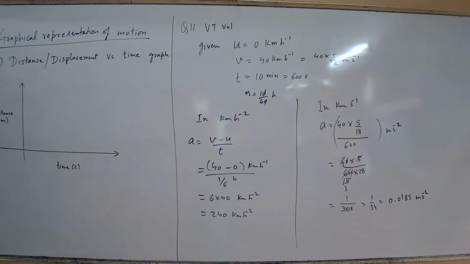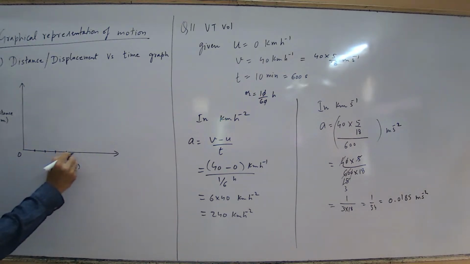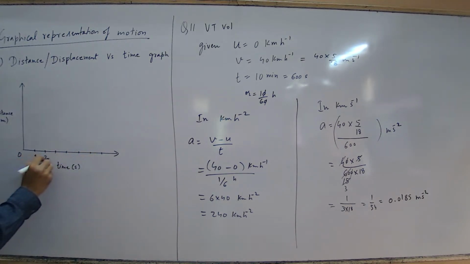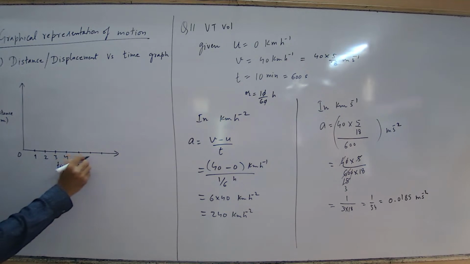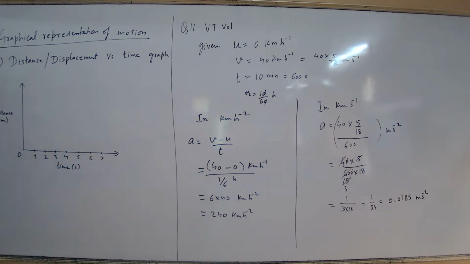So this is my origin. Let's say 1, 2, 3, 4, 5, 6, 7. Let's call this 5, 10, 20 like that.